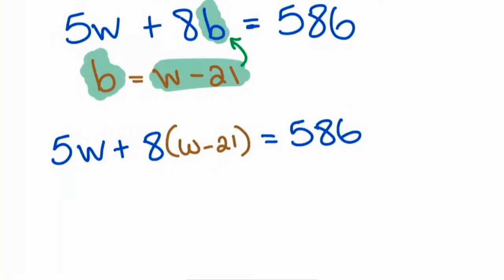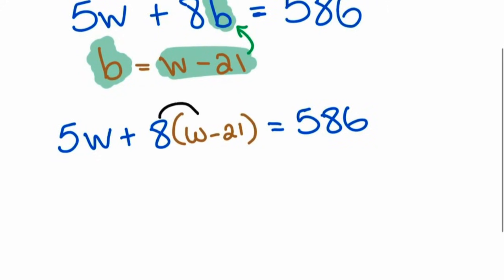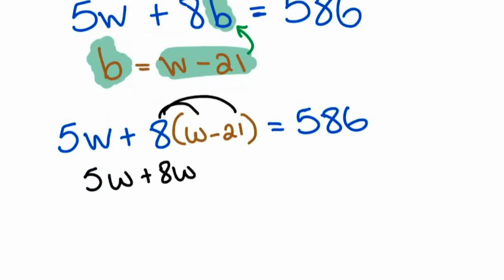The reason that that step is necessary when it comes to completing this question is because now the good thing about this is that we're dealing with one equation and one variable, W. Not W and B at the same time, but just W. Because now, once we distribute, we're going to have 5W plus 8W, and then negative 21 multiplied by 8 would be negative 168.